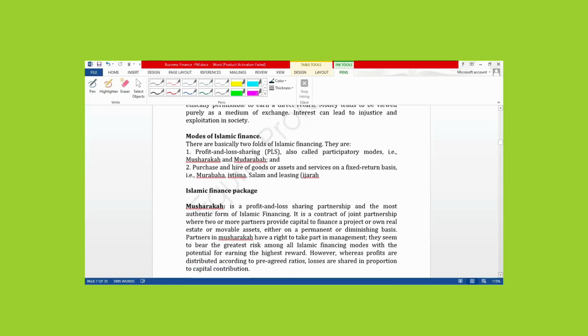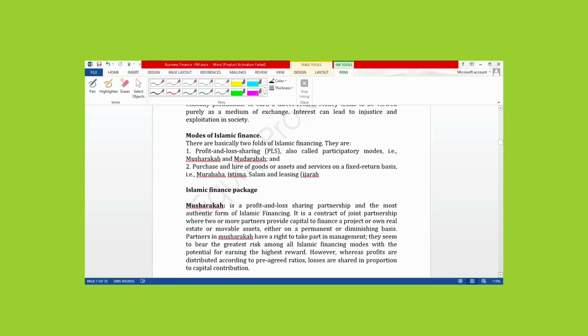Also, when losses are incurred, both the partners, that is the bank and the company, will share the loss. Look at it. So for Islamic finance, they can do Musharaka.